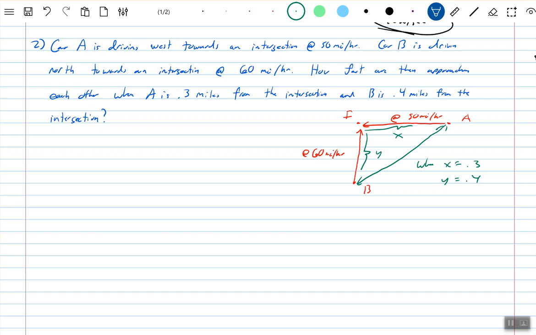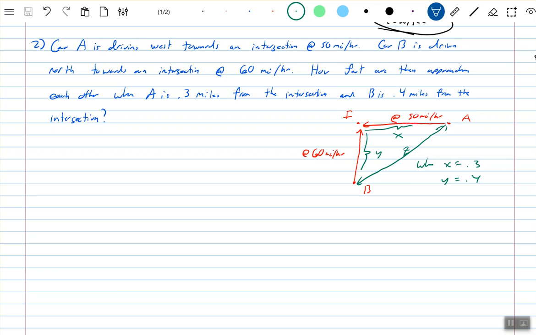So we have a constant speed of A going towards the intersection at 50 miles per hour, B moving towards the intersection at 60 miles per hour. We want to know how fast the distance between them is changing. Let's call this quantity z, just for giggles. And so when x is equal to 0.3 and y is equal to 0.4, we wish to figure out how fast this distance between them is changing, or how fast they are approaching each other.